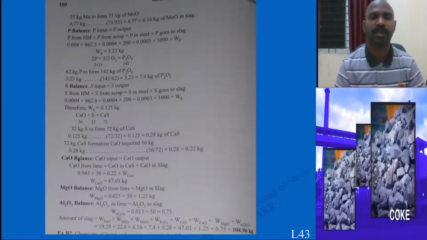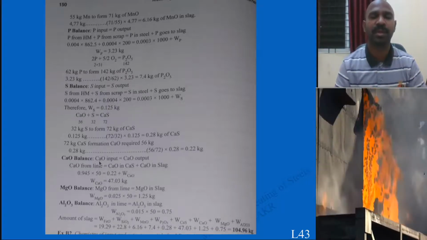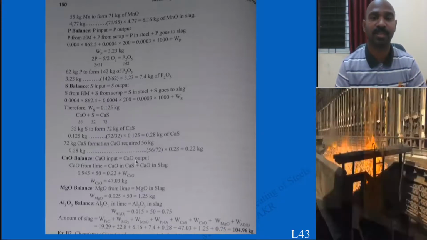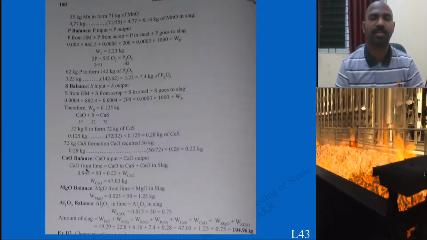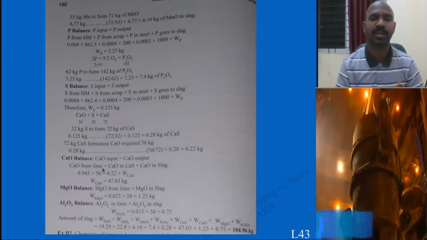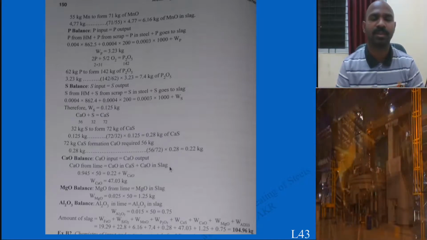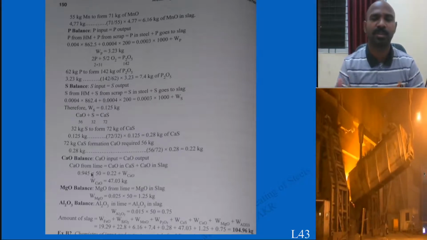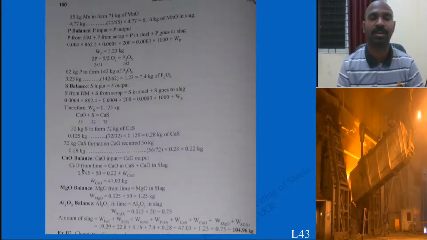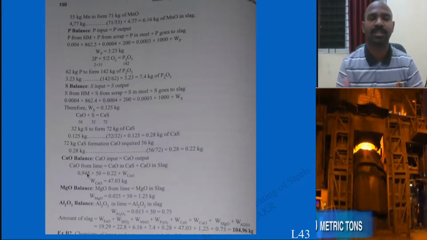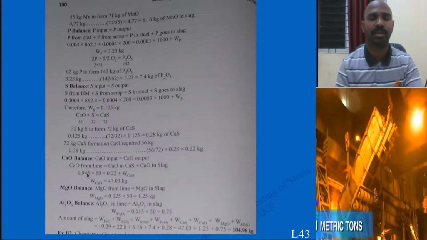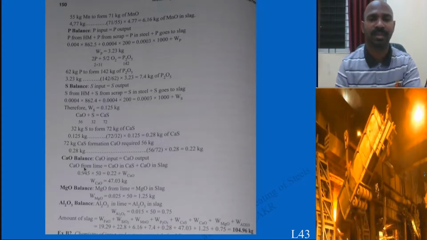Now coming to the CaO balance, CaO input and CaO output. CaO from lime, CaO in CaS, CaO in slag. The lime weight, the fraction of the CaO is mentioned, right?